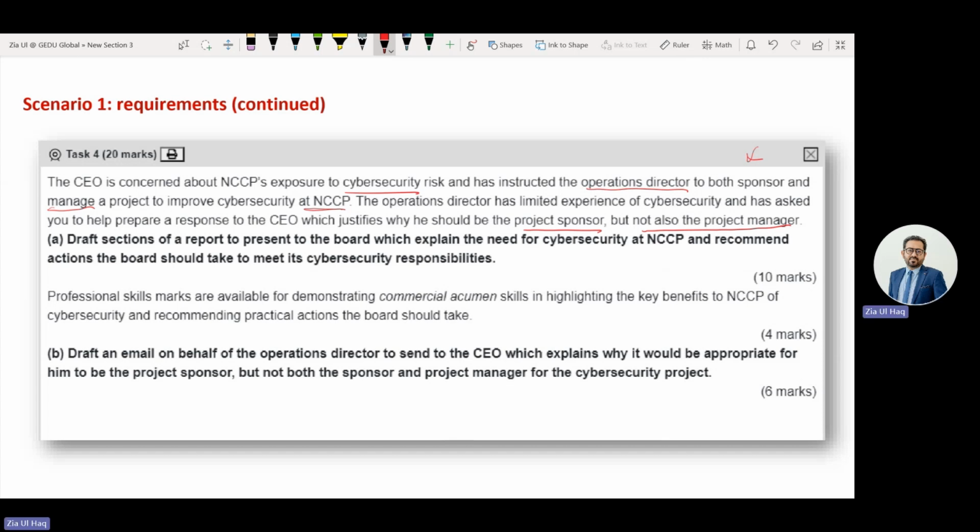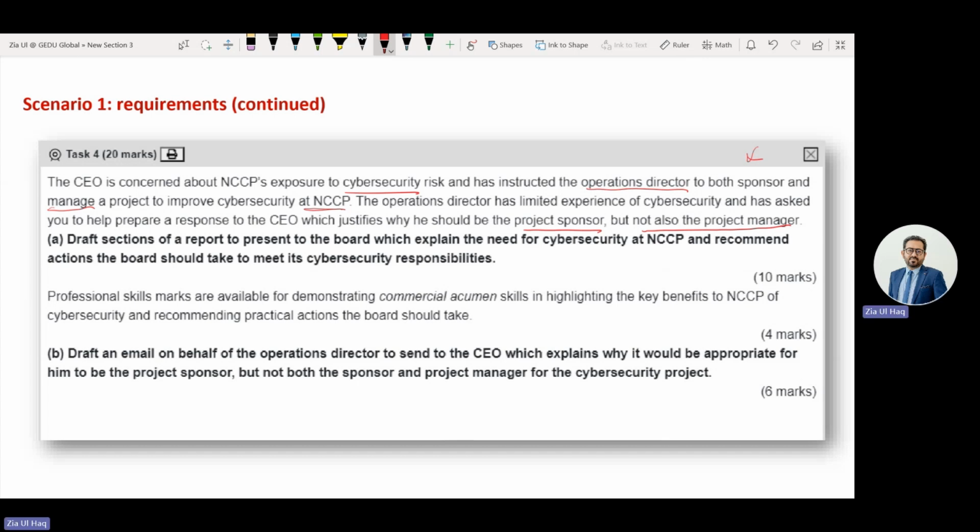Who is the project sponsor? What is a project sponsor? Who will get the most benefit from the success of the project and will lose the most with the failure of the project. And the project sponsor must be a top management person.